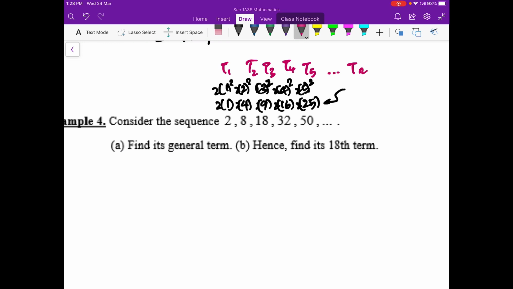All I needed to do was to take the n, square it, then multiply by 2. That is the formula. So you need to observe the pattern. This is not as straightforward, but it is still manageable, and we expect you to be able to do it. So in part A, general term Tn.